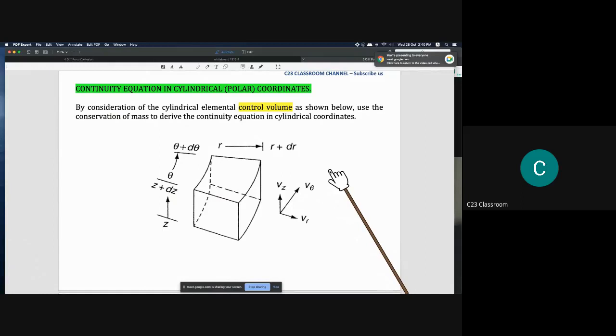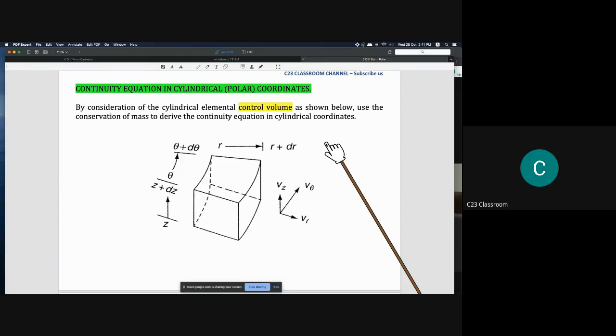For example, previously in Cartesian coordinates, we took a cube to express the smallest size of the fluid, and for polar coordinates, our control volume is something like this. It is actually a part of a circular shape.